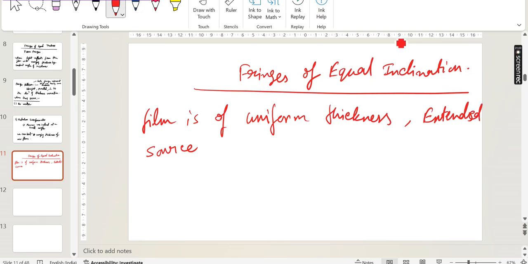That source illuminates the film, with interference resulting from rays at different angles of incidence.